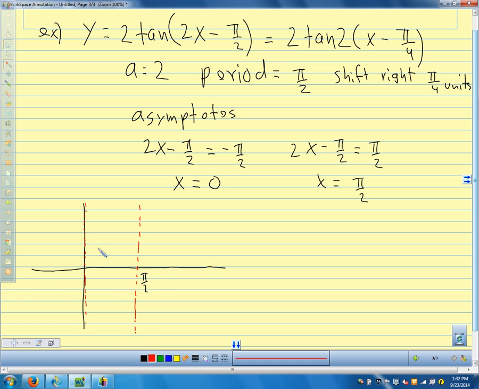I'm going to put another asymptote back to the left here, and this will be negative pi over 2. Intercepts are halfway between the asymptotes. So halfway between 0 and pi over 2 is going to be pi over 4. And we'll have one here at negative pi over 4.